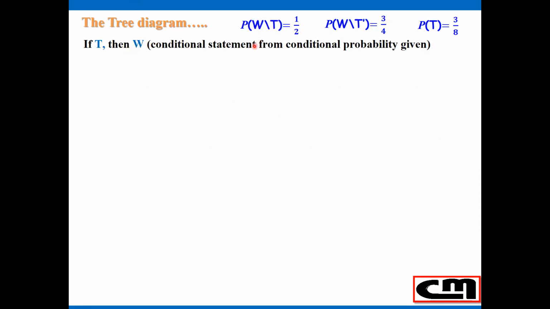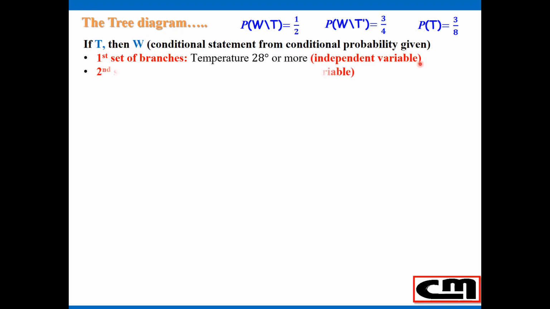That is all it means. So that is a conditional statement from the conditional probability given, right? So as such, the first set of branches, temperature 28 degrees or more, that's the independent variable, right? Second set of branches, player wins, that is the dependent variable, right?